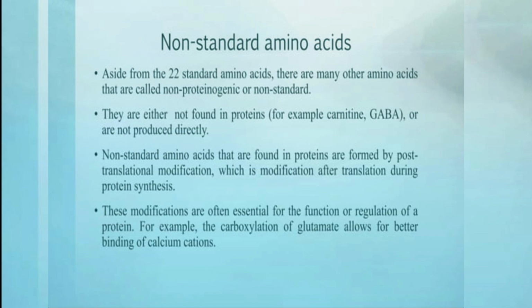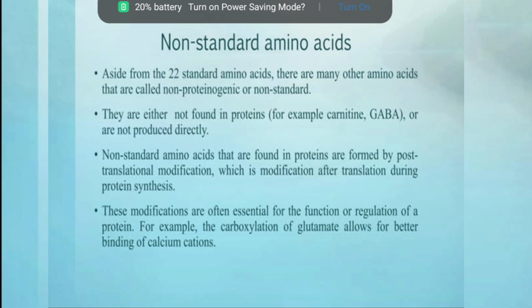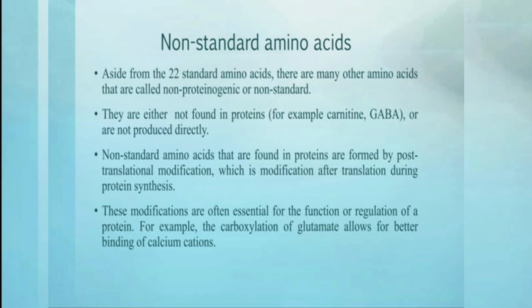Non-standard amino acids. Aside from the 22 standard amino acids, there are many other amino acids that are called non-proteinogenic or non-standard. They are either not found in proteins, for example carnitine, or not produced directly.